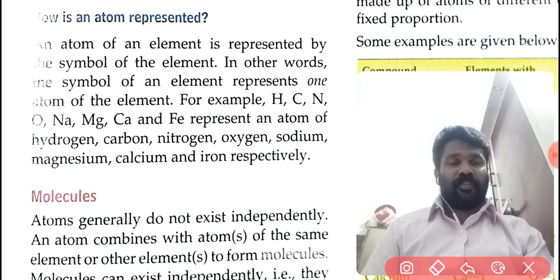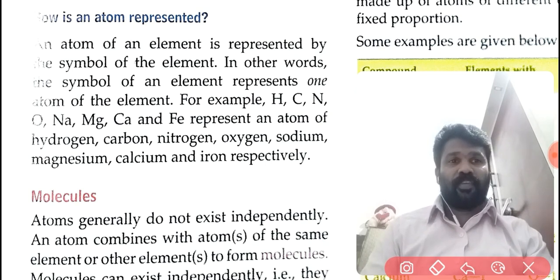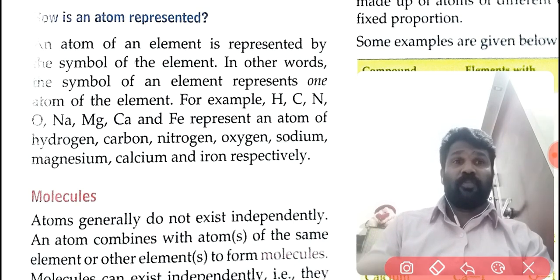An atom is the smallest part of matter which cannot exist independently. We have discussed, an atom is the smallest particle of an object which cannot exist independently. That which can exist independently is a molecule. So the smallest part of an element is an atom.